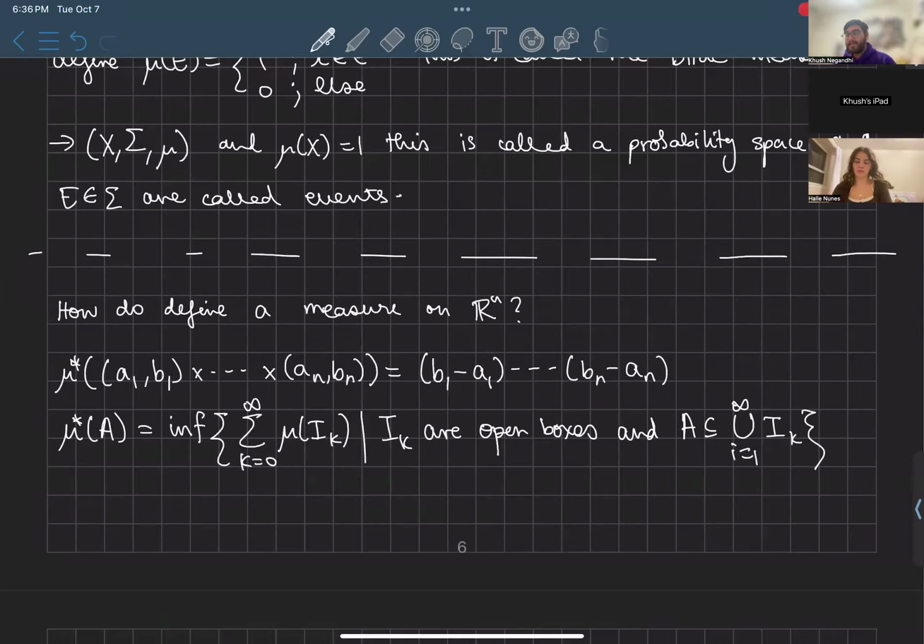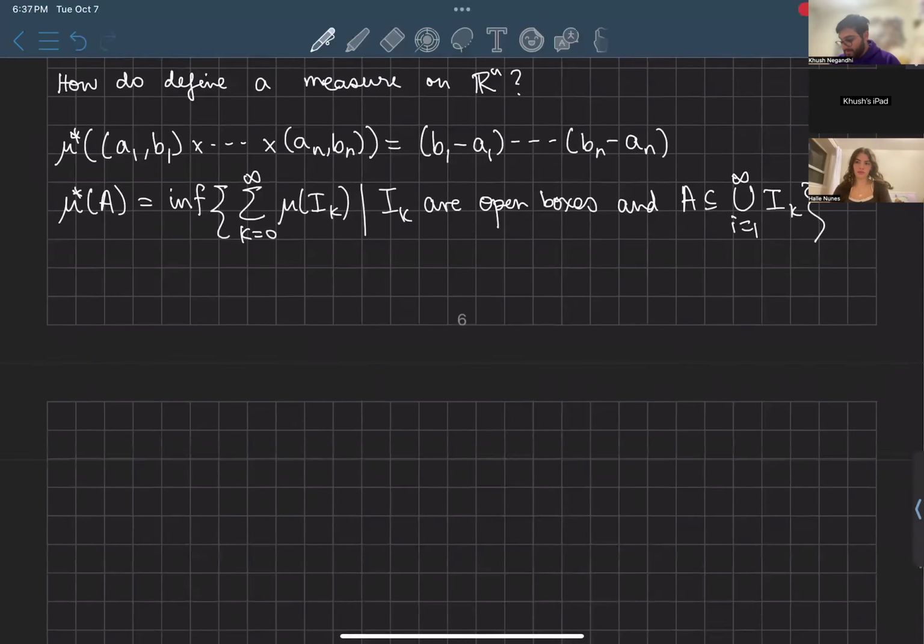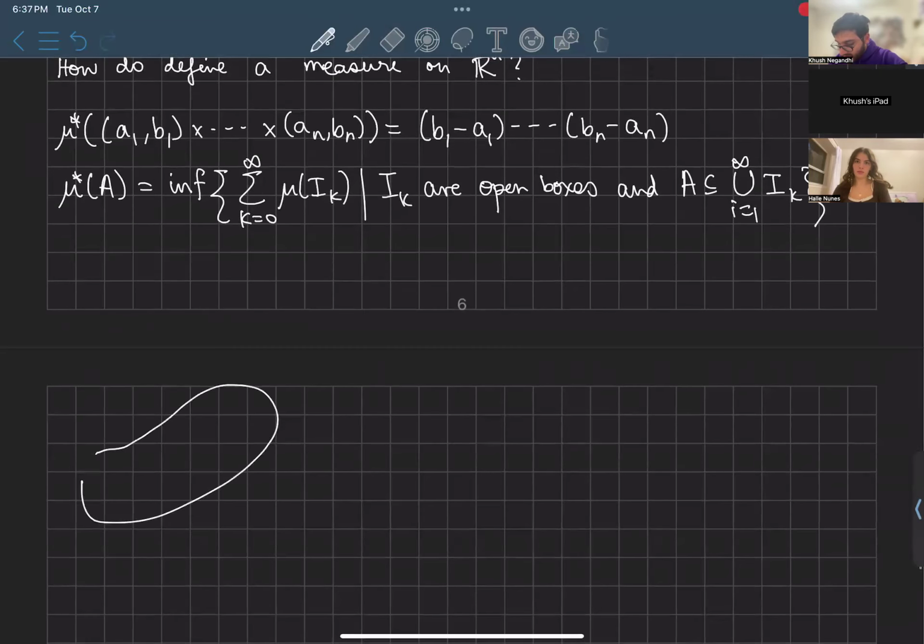Okay. So the idea is simple. If I take any set, what I do is I approximate the volume of this set with boxes. So if I have some set, say like this, one approximation I could have is this.